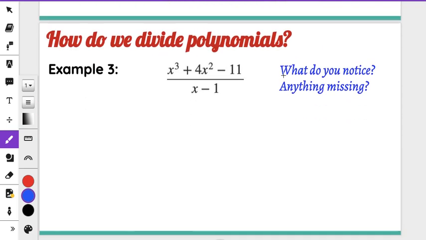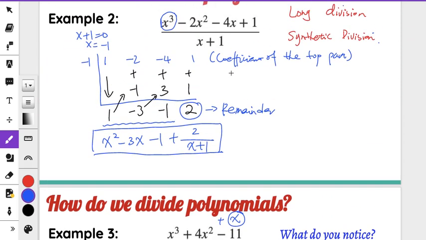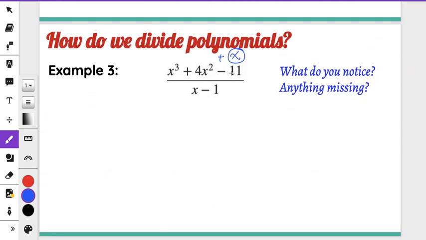And this time, check, what do I have on the top part? We have x to the third, 4x squared, then minus 11. So if you pay special attention here, it seems that we do not have the x term here, right? So in order to use synthetic division, this time we have a little bit different situation to set up. First, we're still going to set up the L part.